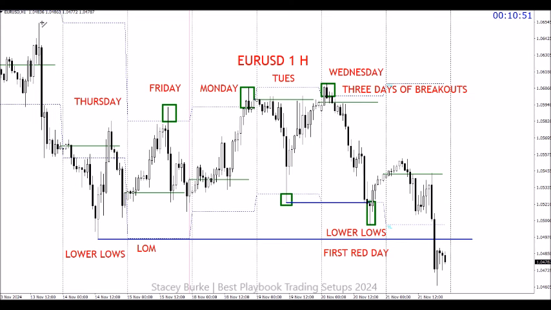So if we project Wednesday's bearish breakout day across, we see that we're pumping back up into the higher time frame sellers. That market collapses on 3 days of breakout traders, the false break reversal at the high of the new week and closing as a first red day.